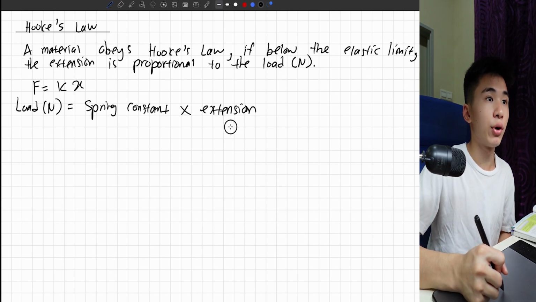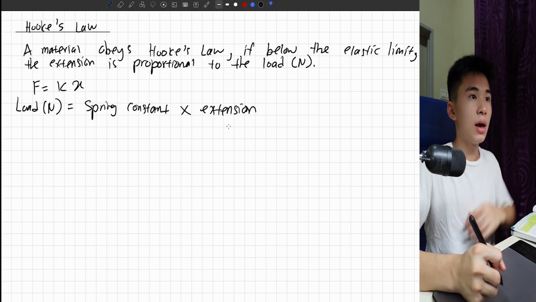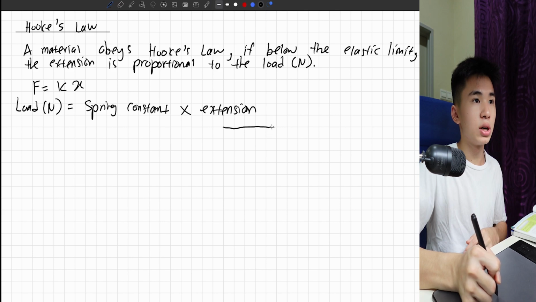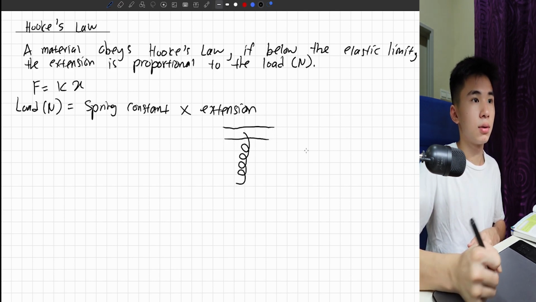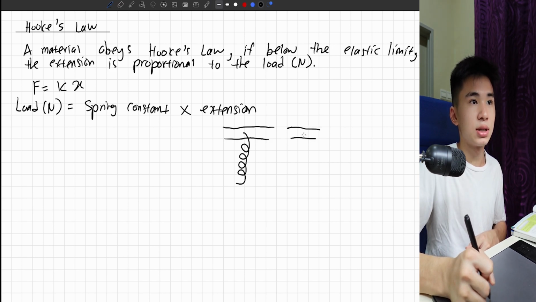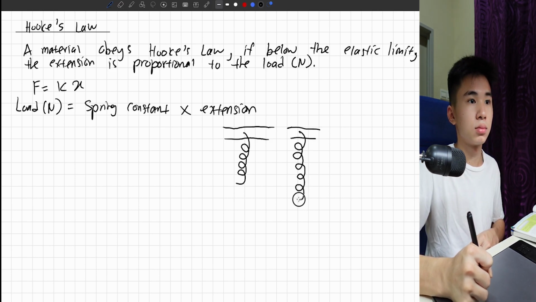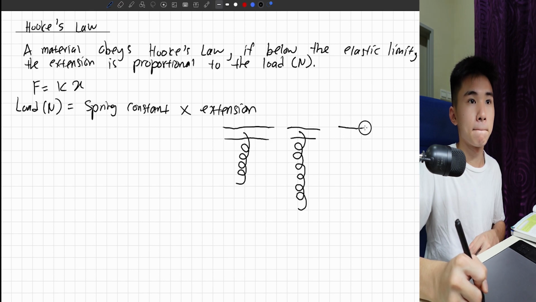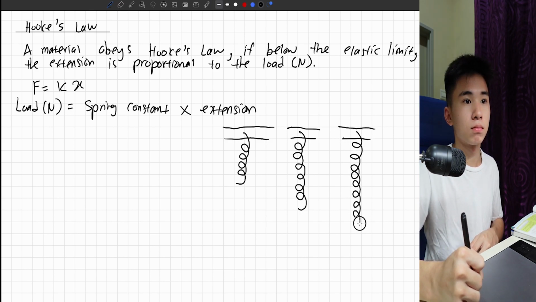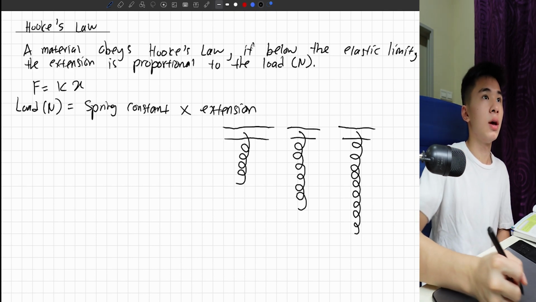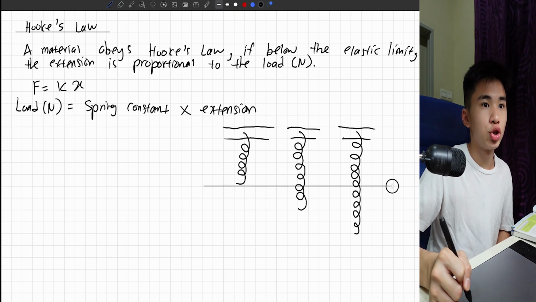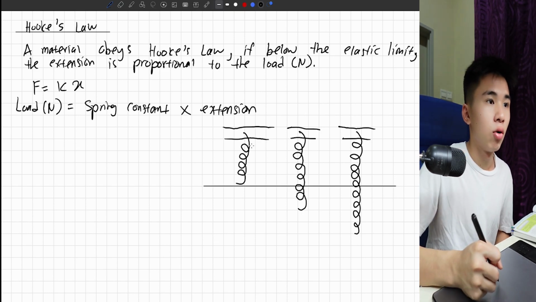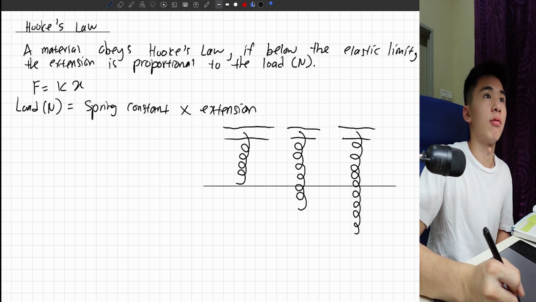And again, I'm going to draw a spring. Like just now, 1, 2, 3, a spring like just now. Okay, and I'm going to draw a line to show us the initial length of the spring.